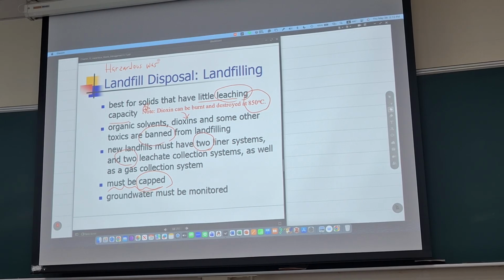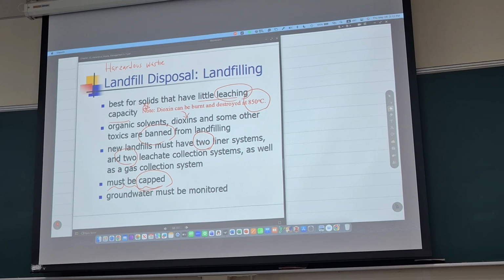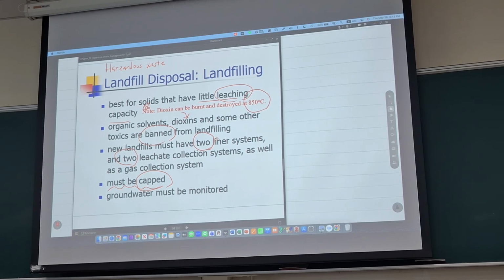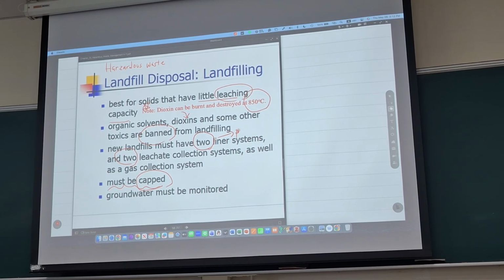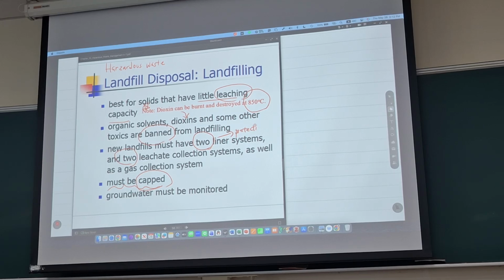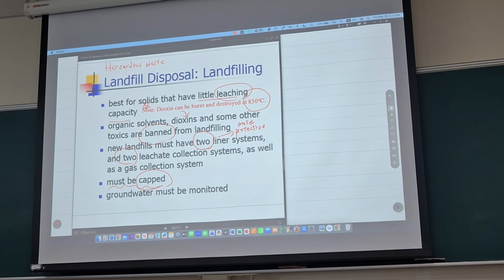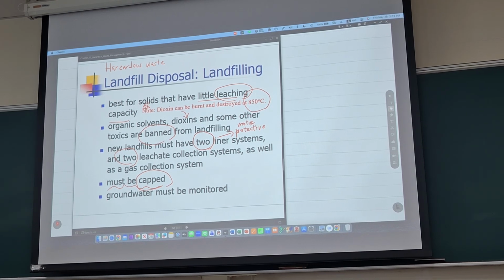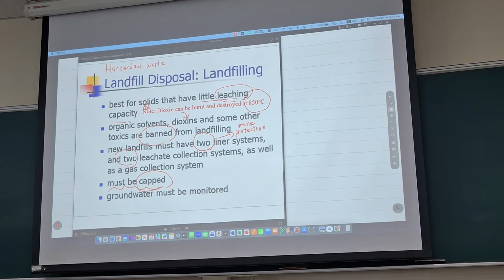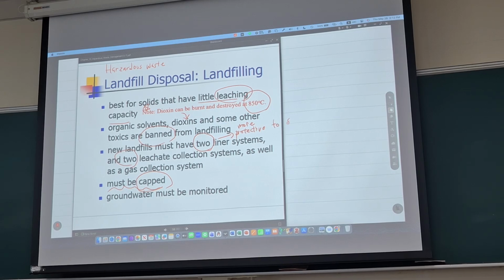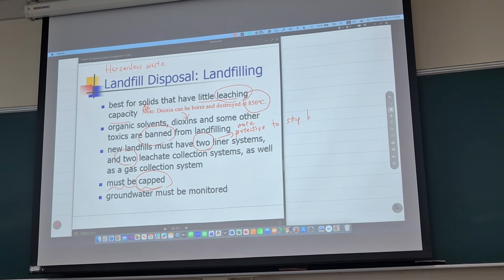So this is a hazardous landfill. We need at least two or more liners. The reason is to be more protective, to stop leakage.